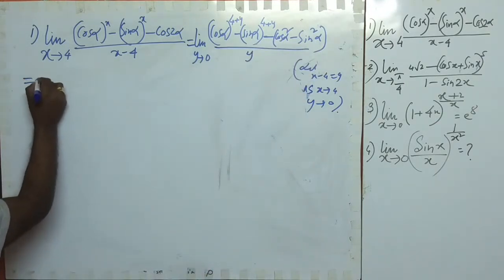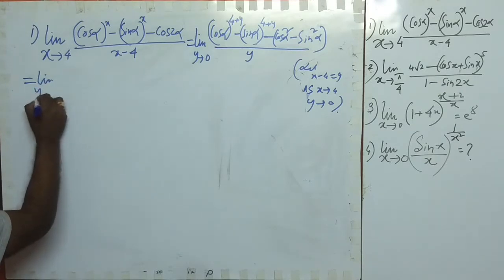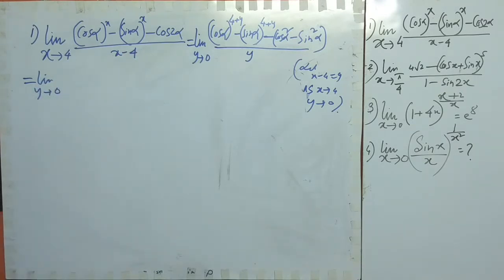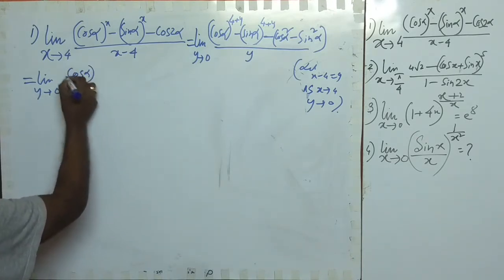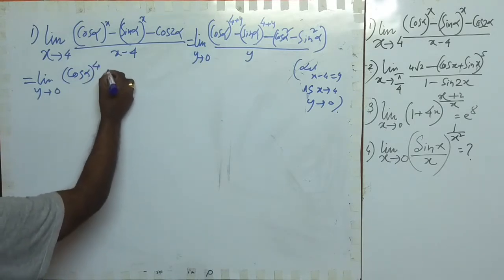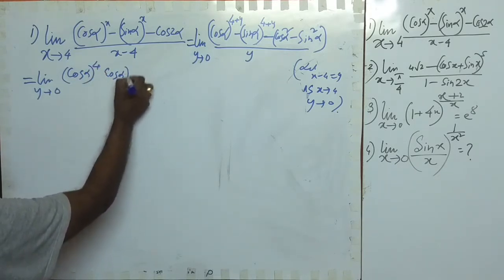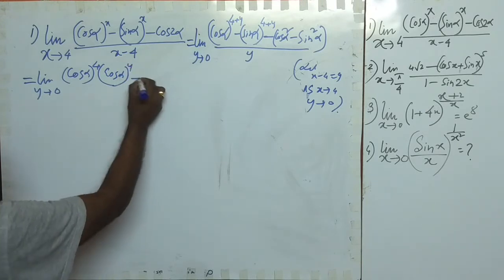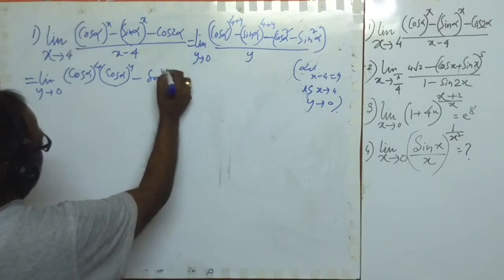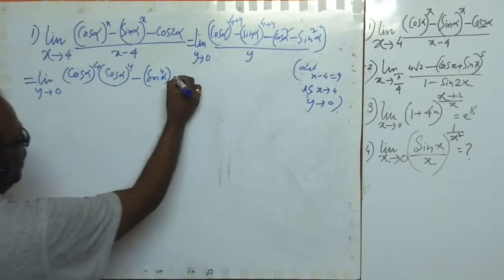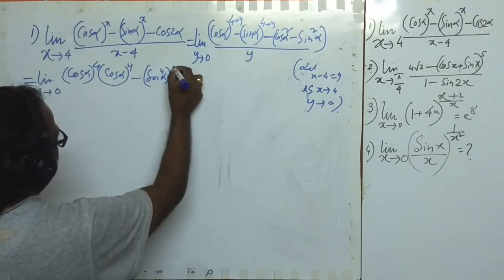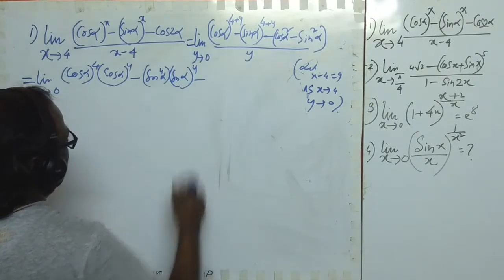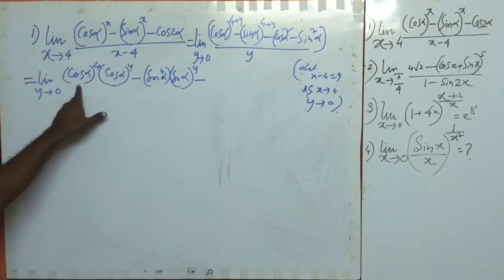And again see here, this is limit y tends to 0, and the power 4 plus y you can break the indices: cos alpha to the power 4 and cos alpha to the power y, and sin alpha to the power 4 and sin alpha to the power y. See here, this is the power 4 and this is the power 4.